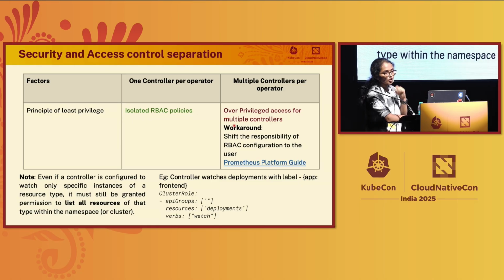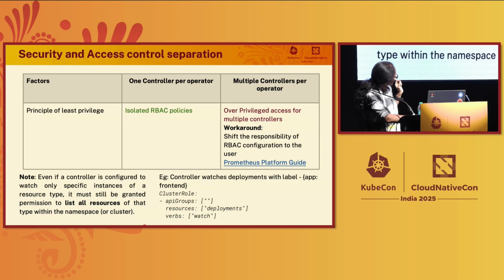In such a case, what could be a workaround? You could leave the responsibility to the user who's trying to install it: you create the cluster resource, you create the service account, and then install the custom resource you want. There is a Prometheus platform guide from the Prometheus operator itself that actually mentions that, and it leaves that responsibility to the user.